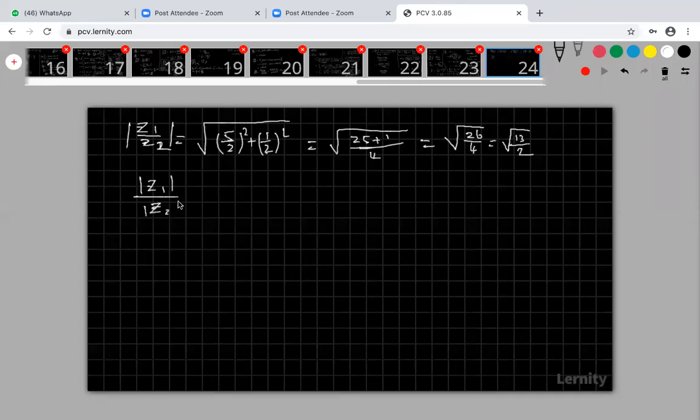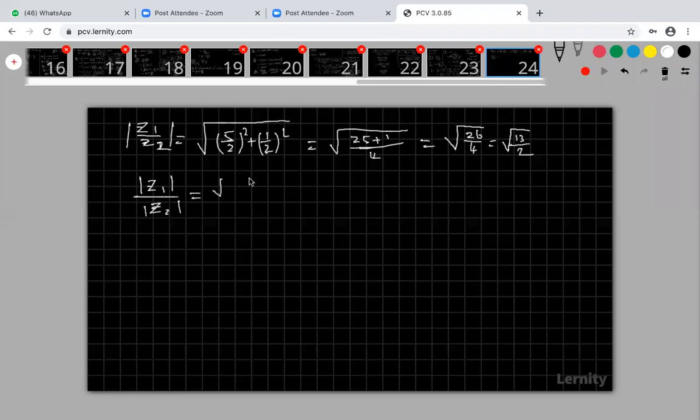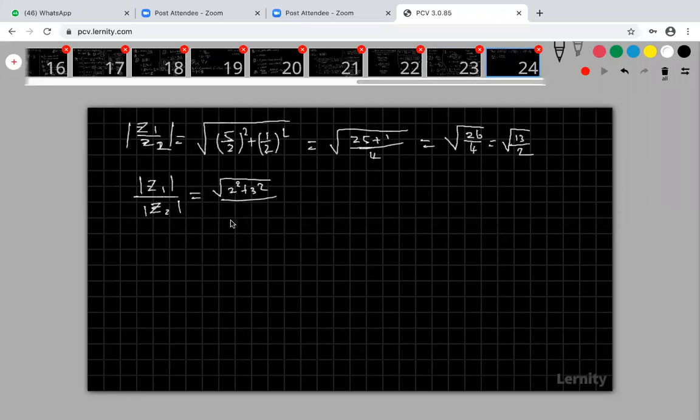Now come to modulus of Z1 by modulus of Z2. This is root of 2 square plus 3 square, divided by root of 1 square plus 1 square. That is 9 plus 4, root 13 by root 2.